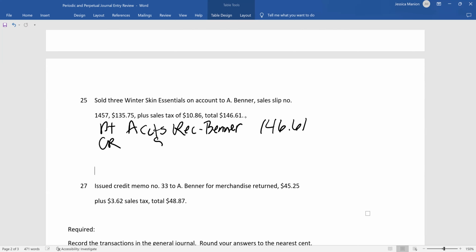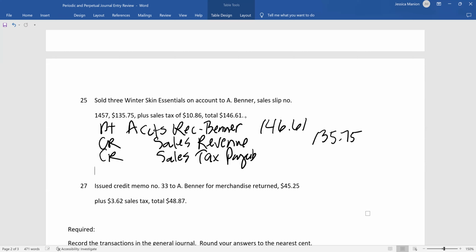We need to credit sales revenue for the ticket price or the purchase price of the winter skin essentials for 135.75. And then we need to credit sales tax payable for $10.86.